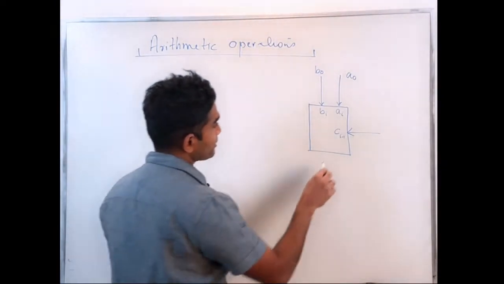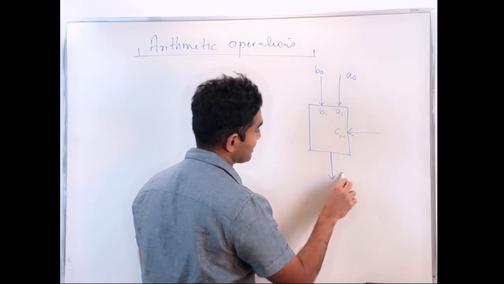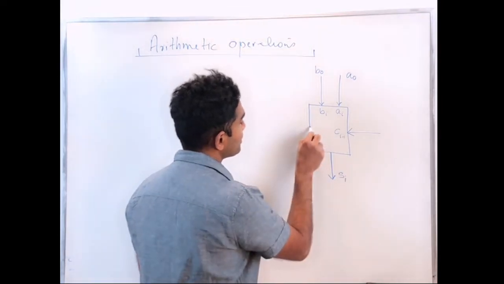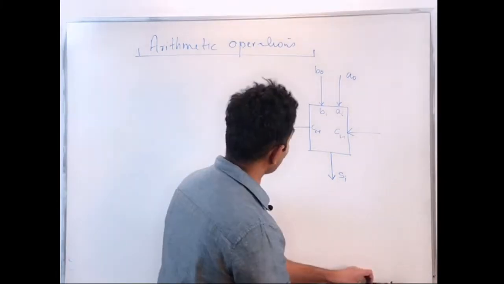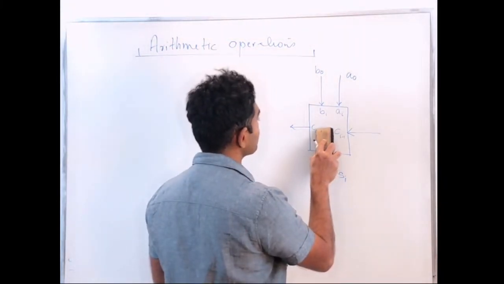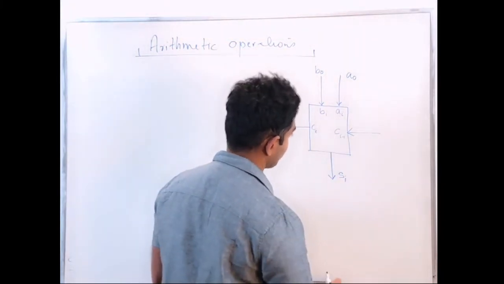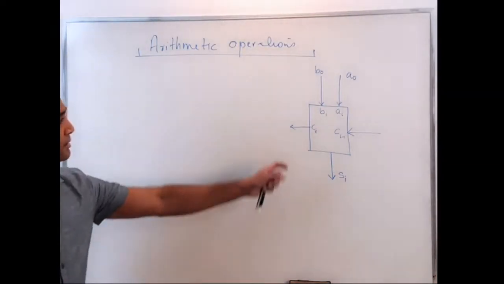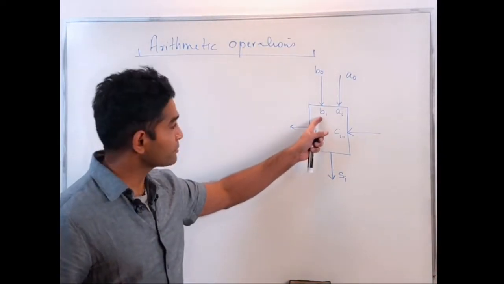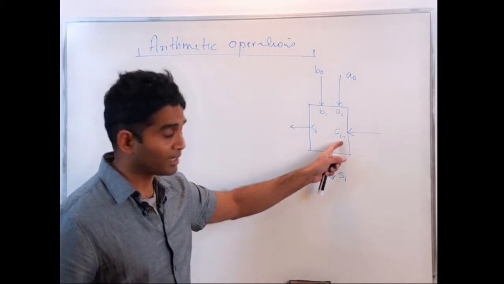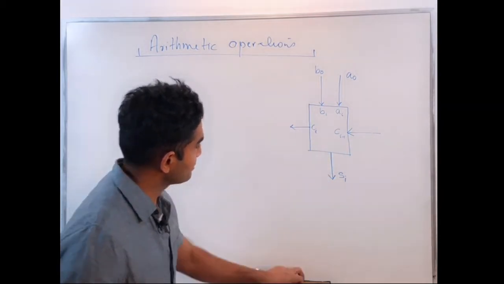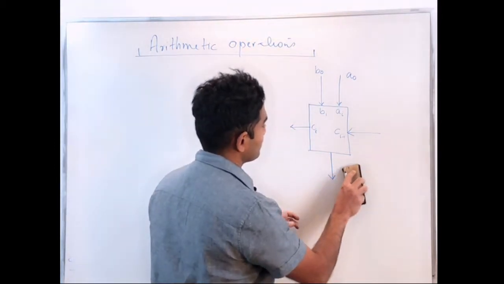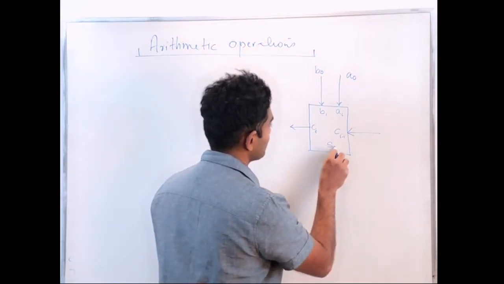My outputs are Si and Ci. For the module that I've designed, I take in Ai and Bi as inputs, Ci minus 1 as another input, and the outputs are Si and Ci.